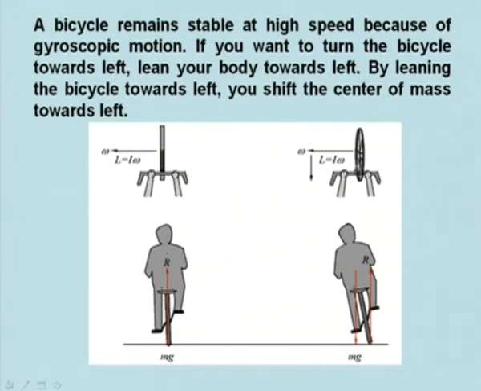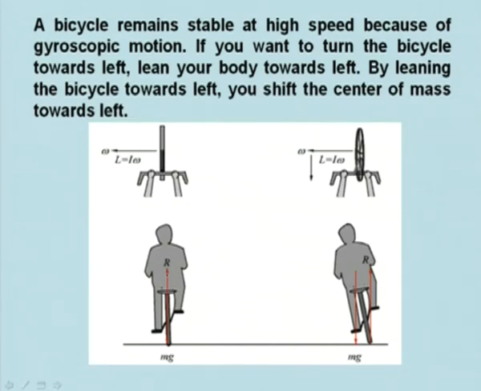See this person sitting on the bicycle, this is the reaction of the ground and this is the weight, and the wheel is spinning, so L is equal to I times ω. Now, if you want to turn the bicycle towards left, then lean your body towards left.